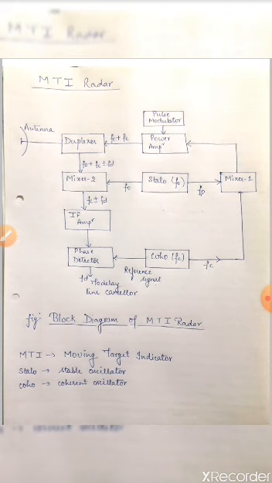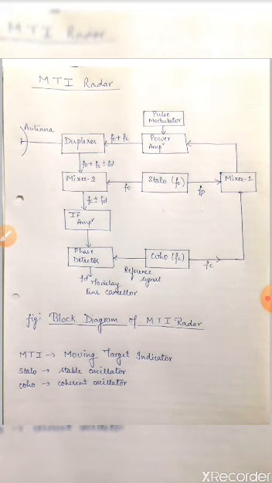The first block is the duplexer. Two mixers are used, mixer 1 and mixer 2. An IF amplifier is used. Phase detector, coho. What does coho stand for? Coho means coherent oscillator and stalo means stable oscillator. Then a power amplifier and a pulse modulator.